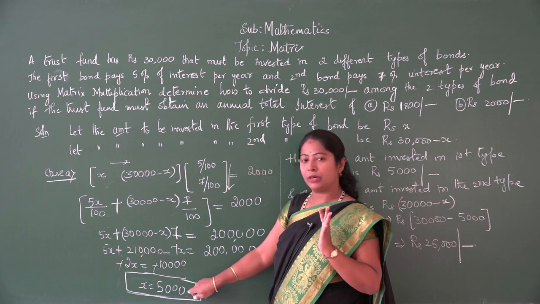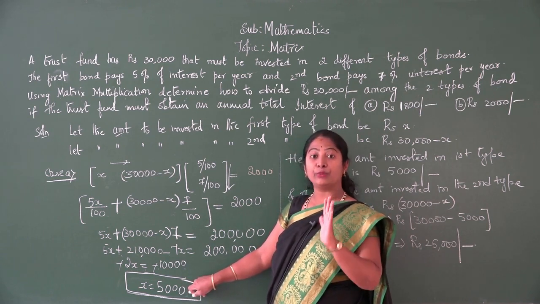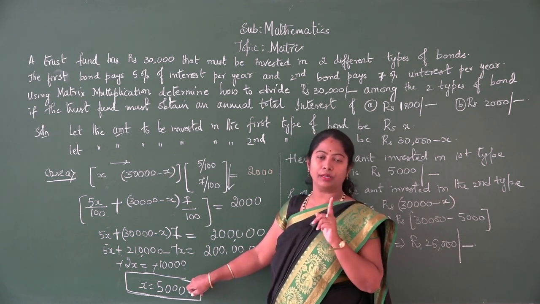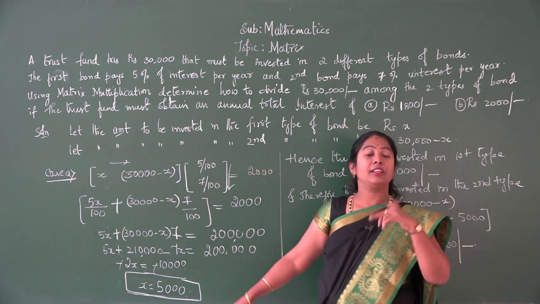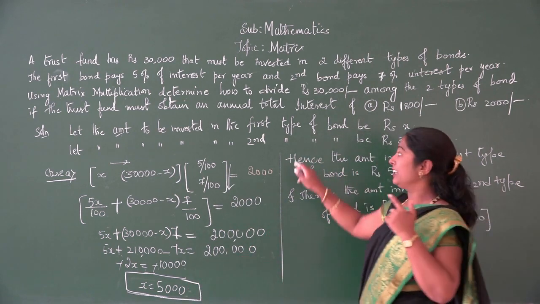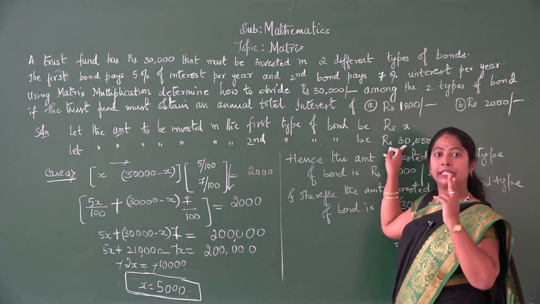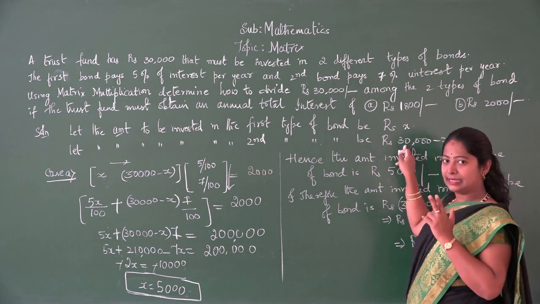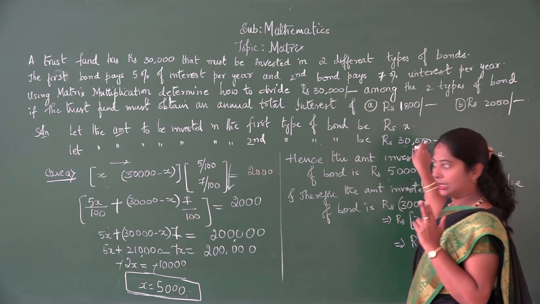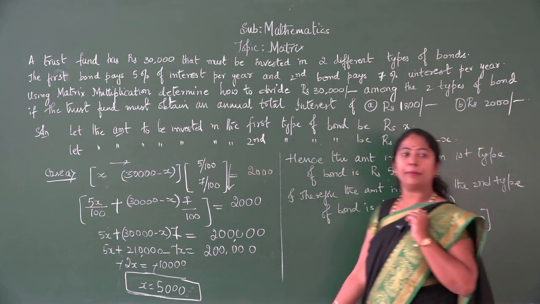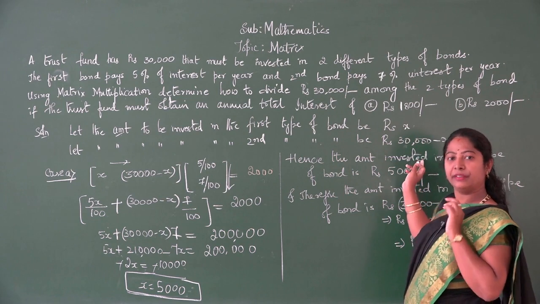So this 5,000 is the amount that we have invested in the first type of bond. What is the investment done in the second type of bond? The initial statement states that the second type of bond investment is 30,000 minus x, that is 30,000 rupees minus x. 30,000 minus 5,000 will sum up to rupees 25,000.